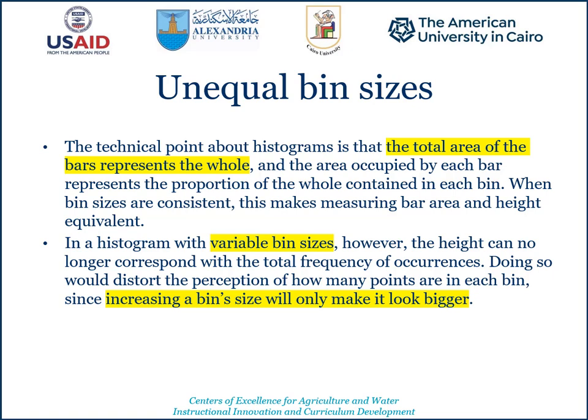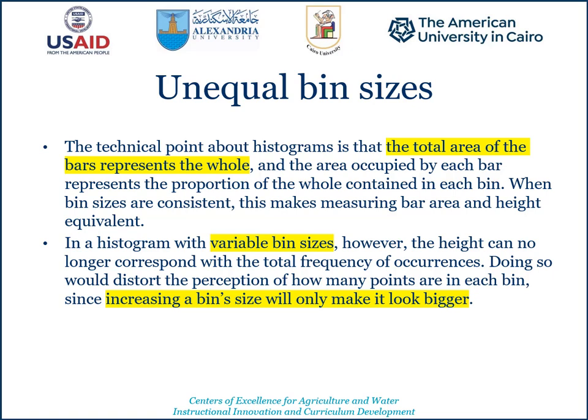For unequal bin sizes, the technical point about the histogram is that the total area of the bars represents the whole, and the area occupied by each bar represents the proportion of the whole contained in each bin. When bin sizes are consistent, this makes measuring bar area and height equivalent.